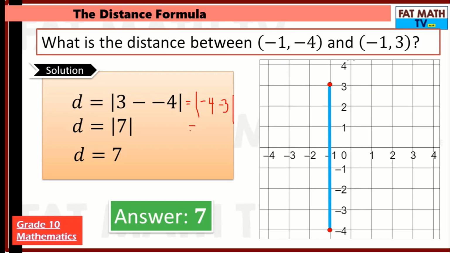That is -7. The absolute value of -7 is still 7. So there's no problem if you start with -4 and then minus 3, or you have 3 minus -4. You will get the same answer since we are taking the absolute value of the difference. So the distance between these two vertically aligned points is 7.